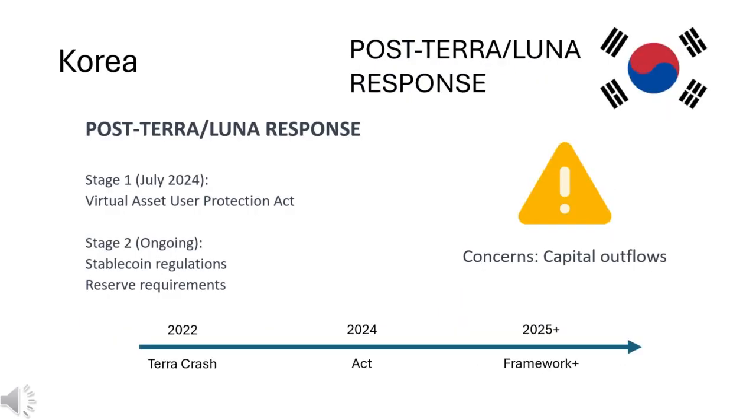After the Terra Luna crisis, Korea recognized stablecoins as instruments affecting financial stability and monetary sovereignty, converging toward a coexistence plus strengthened regulation scenario. The Virtual Asset User Protection Act, effective July 2024, provides first-stage user protection at transaction and custody stages.